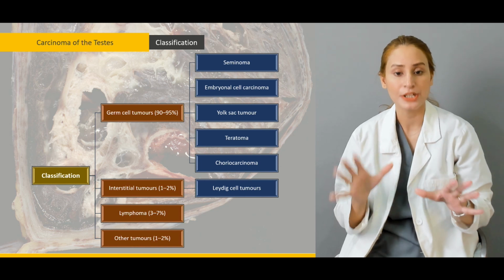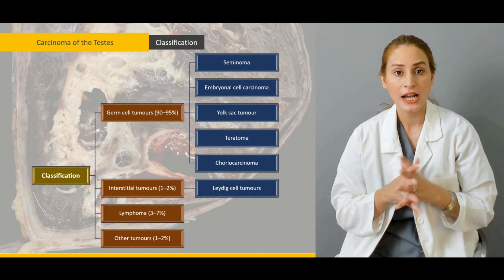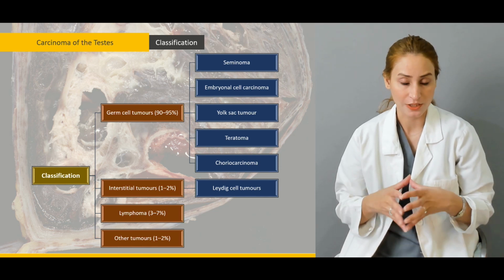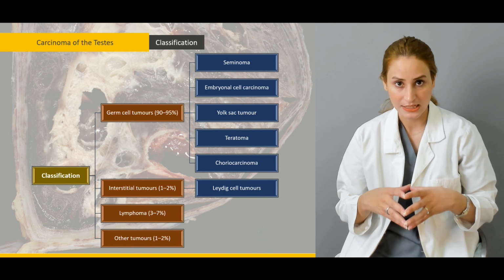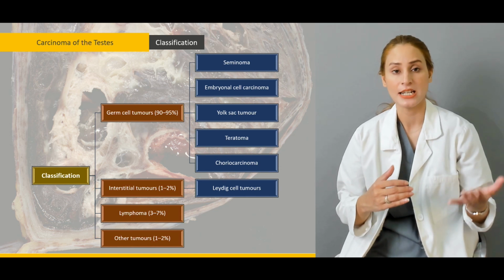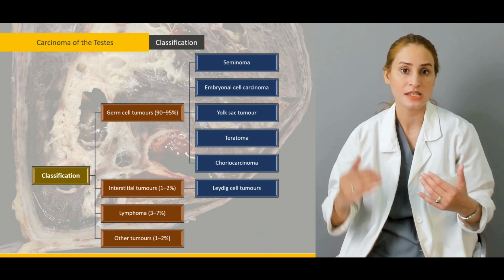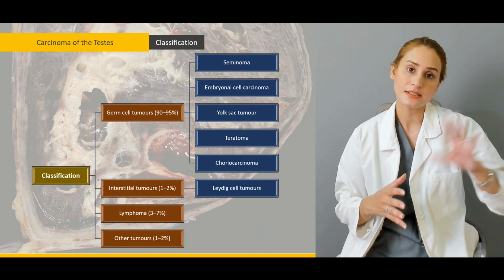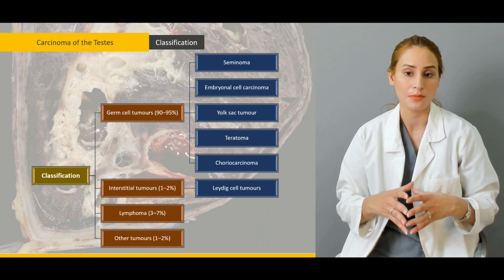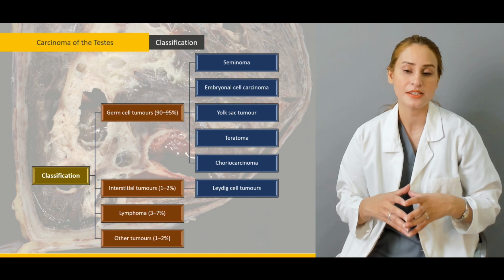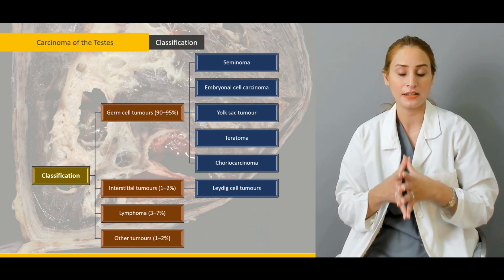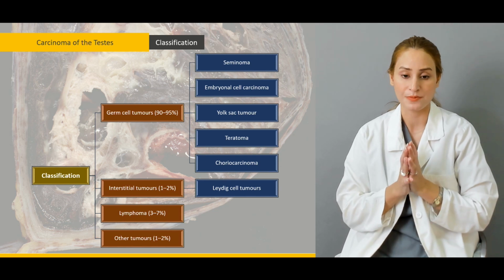2%. But the most important thing to know in case of the testicular tumors is the germ cell tumors, because they're the most common entity, comprising about 90 to 95%. And we further divide these tumors into seminomas and non-seminomas. So seminomas are more common as compared to the non-seminomas, which are the embryonal cell carcinoma, yolk sac tumor, teratoma, choriocarcinoma, and these are the non-germ cell tumors.